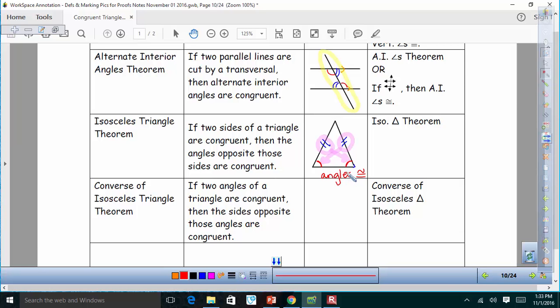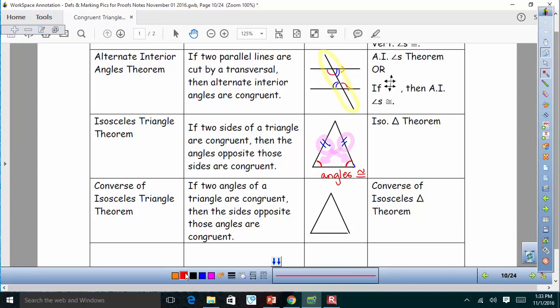Now, the converse of that would be it backwards. So instead of doing sides to angles, we would go what? Angles to sides. So this time I would have a triangle, and what two things would be congruent? The angles.